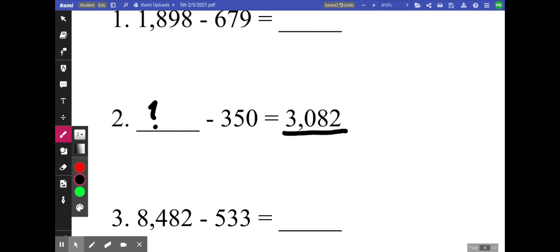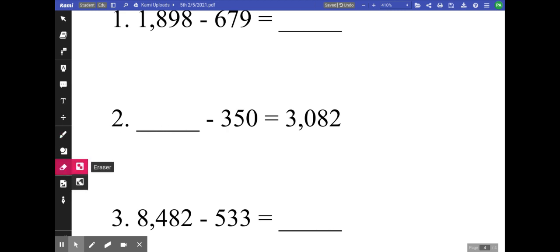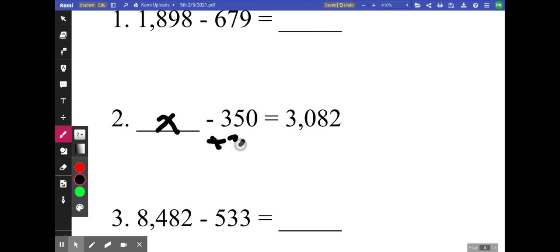So we basically have to treat this question mark as a variable. It's like x. We have to find out what x is. In order to find x, you got to isolate. How do you isolate? You add 350 to both sides. And then you get x, which is the missing number. And then you're just going to add.